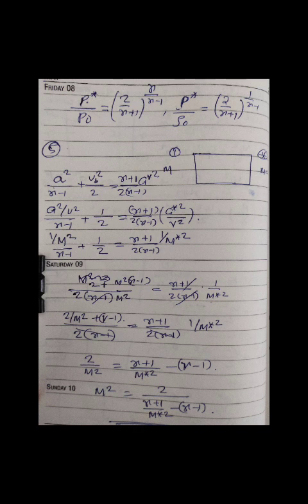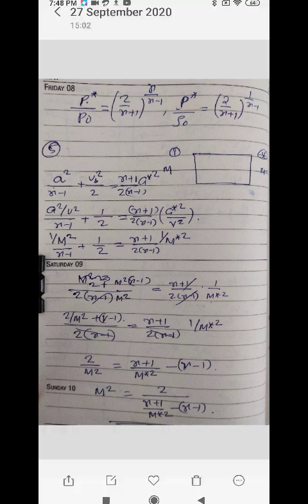And in the final expression, 1 is any arbitrary state and 2 is the star or characteristic condition. Here the relation between the Mach number and the characteristic Mach number of any arbitrary state is derived.